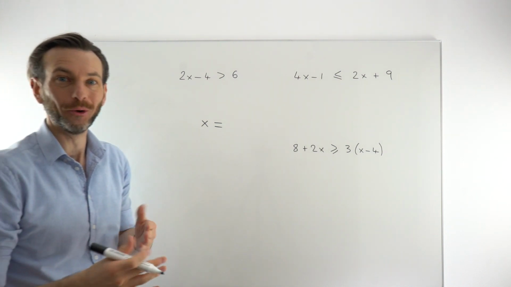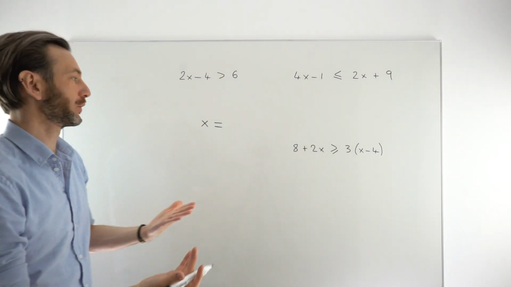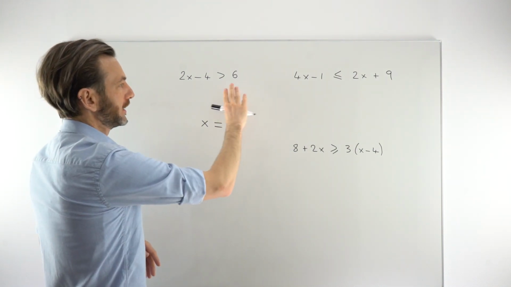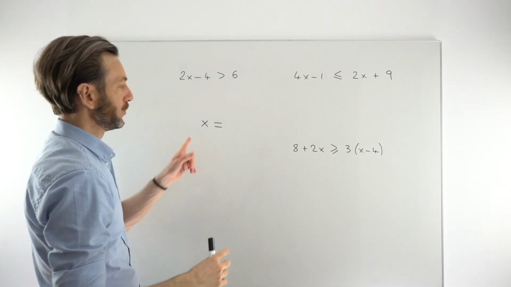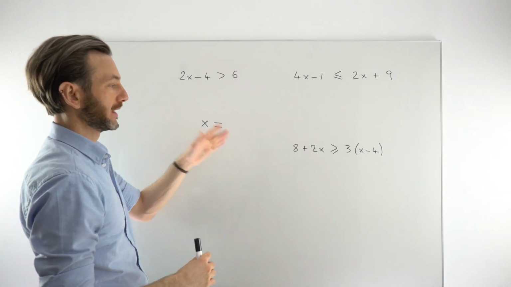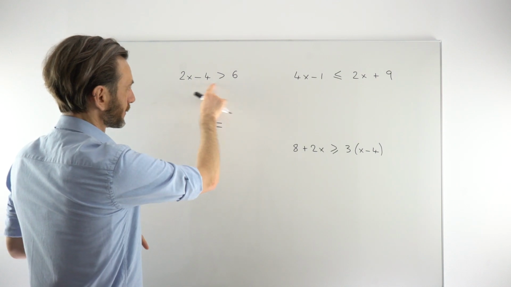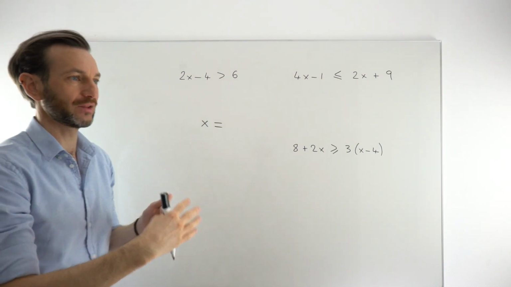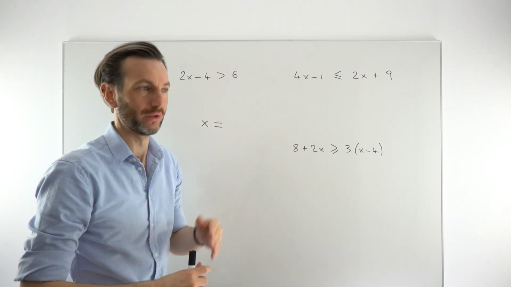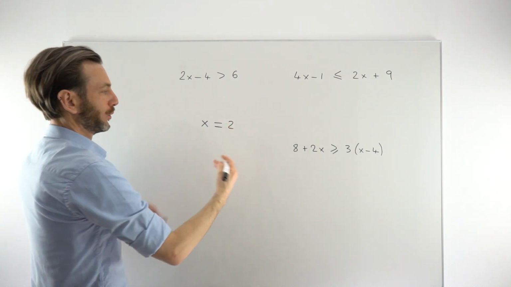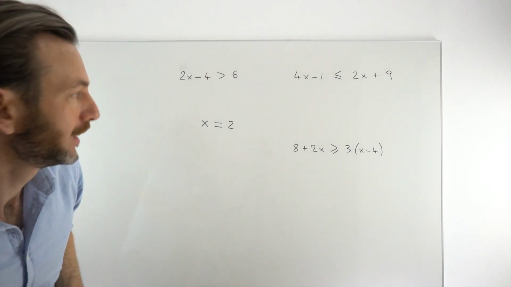That's understandable because you've probably already done a bunch of equations, but with these it's never equal. The solution to these inequations is not a value like it is with an equation, it's a range of values. So we want to say that this is satisfied when x is bigger than something or smaller than something, in the same way that an equation is satisfied when x equals some particular number.